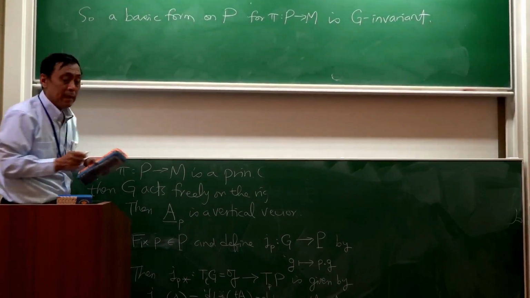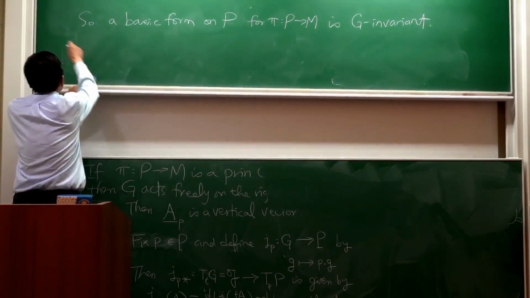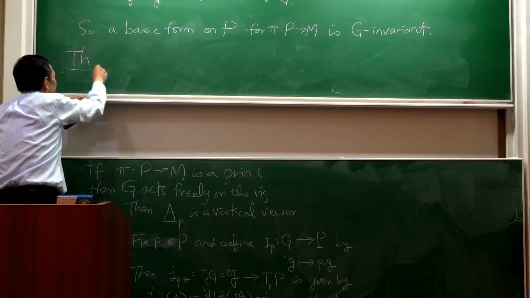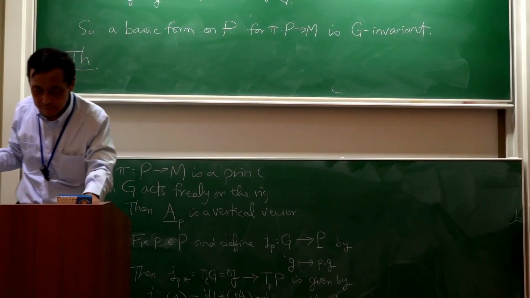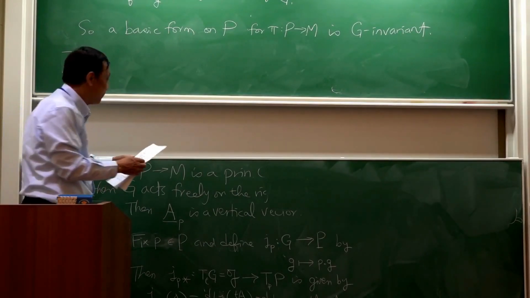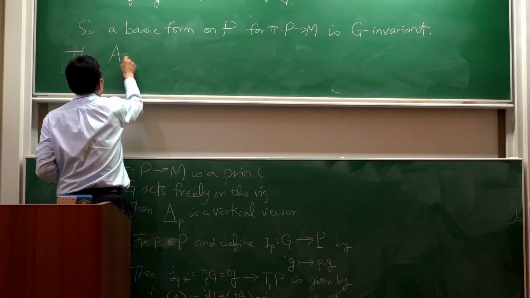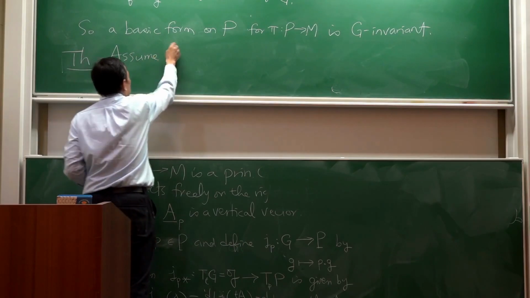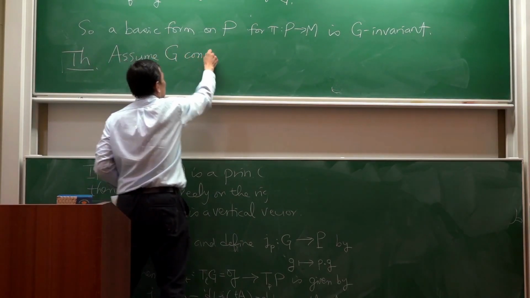And therefore, we would like to characterize G invariant forms using the Lie algebra. And this only works for G connected.